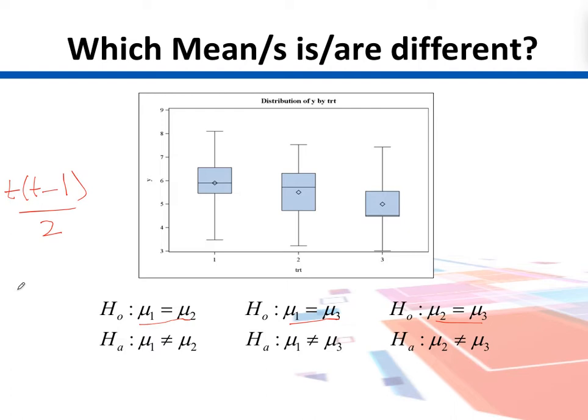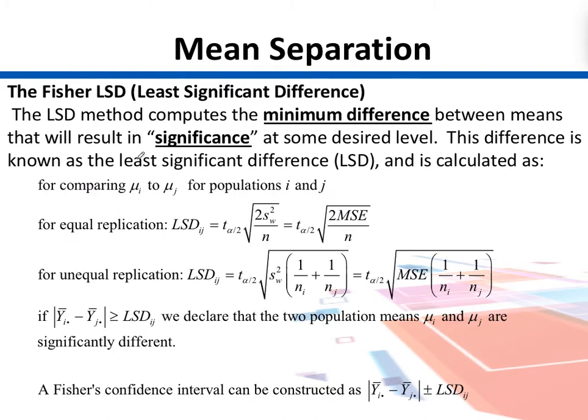But there is a simple and easy way out for this. And what is that? It's called mean separation. There are many mean separation techniques, and we are covering only the first one, which is the Fisher LSD, presented by R.A. Fisher. So the LSD stands for least significant difference.